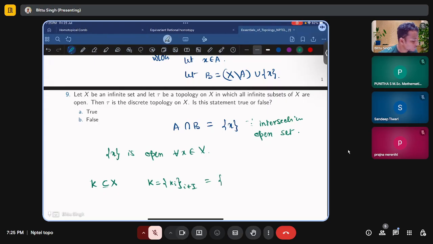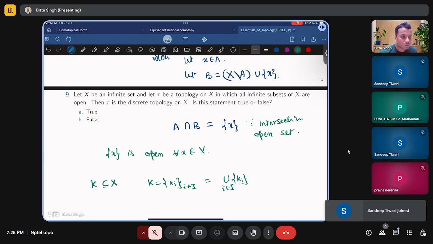That is the union of those singleton sets. And we have already seen that a singleton set is open. Therefore, an arbitrary union of singleton sets is also open.